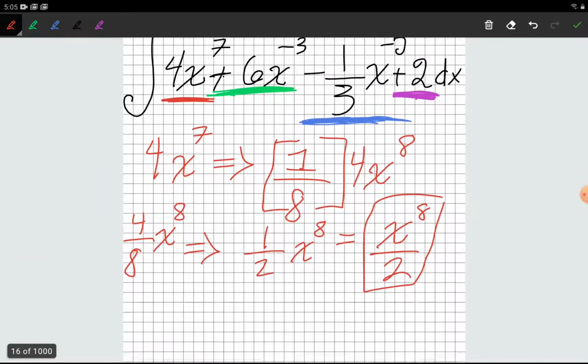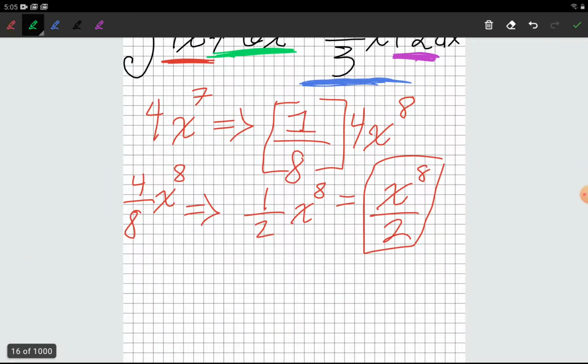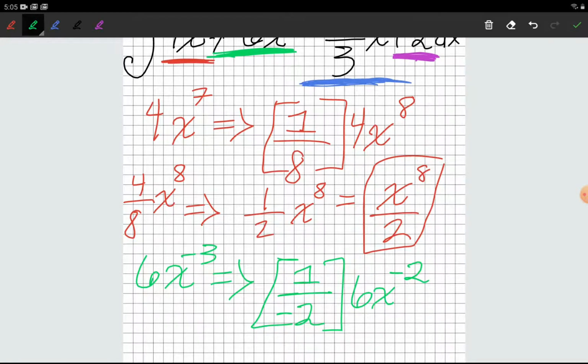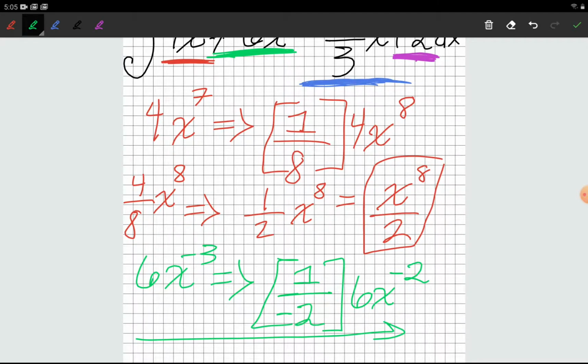So what does that say? 6x to the negative 3. One over negative 2. 6x to the negative 2, because we're adding 1 to the exponent. So let's go to the next page.